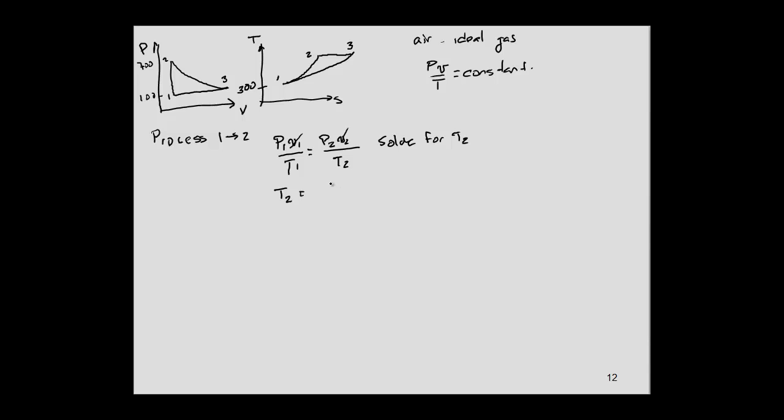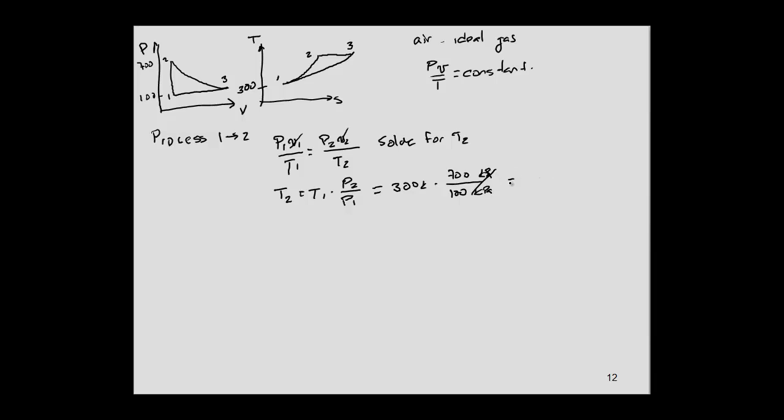So T2 will be T1 times pressure 2 over pressure 1. We know this, we have all the data, so this is 300 Kelvin times P2 is 700, P1 is 100 kilopascal.